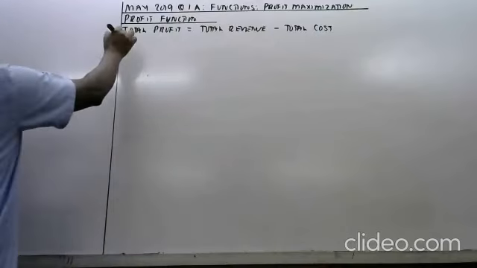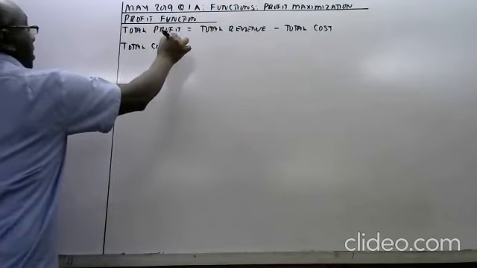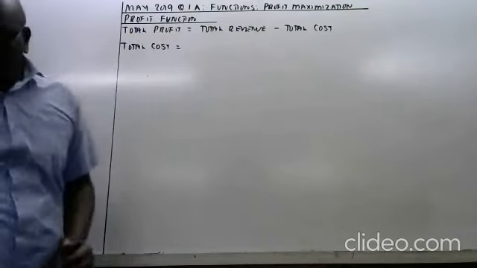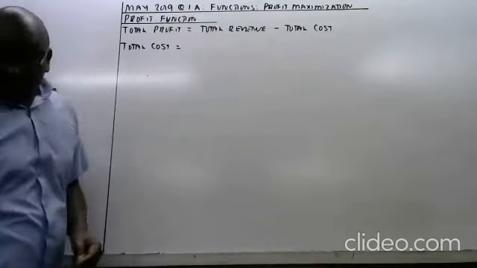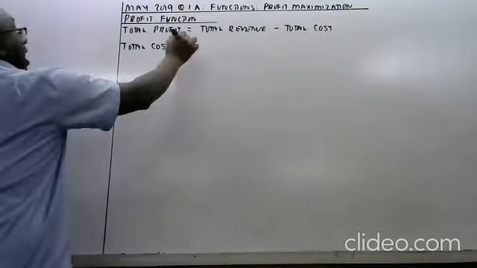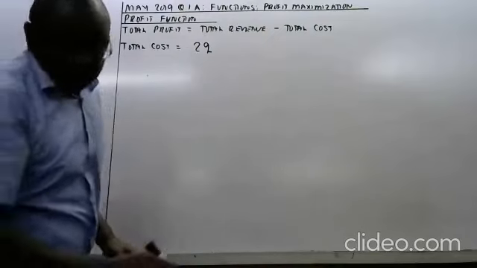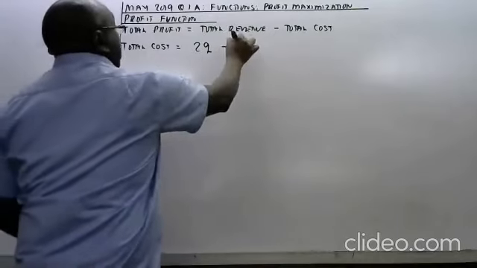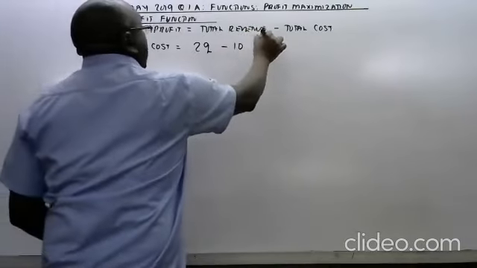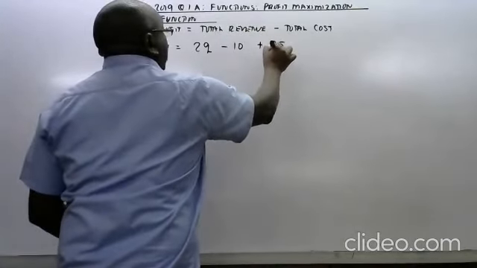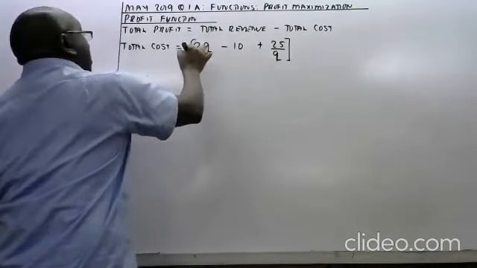So looking at the question at hand, what we have been given, in regard to cost, is average cost. So we will get that average cost as 2Q minus 10 plus 25, you divide by Q. Now this one, we need to multiply by Q.